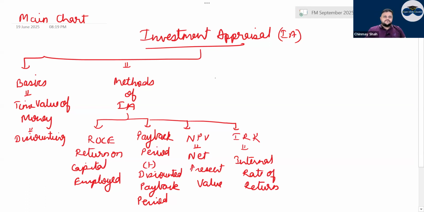Right? IRR हो गया, इंटरनल रेट ऑफ रिटर्न, एनपीवी, पेबैक पीरियड, आरओसीई. ठीक है. फिर एक हेडिंग आएगा एन्युटीज एंड परपेचुइटीज.